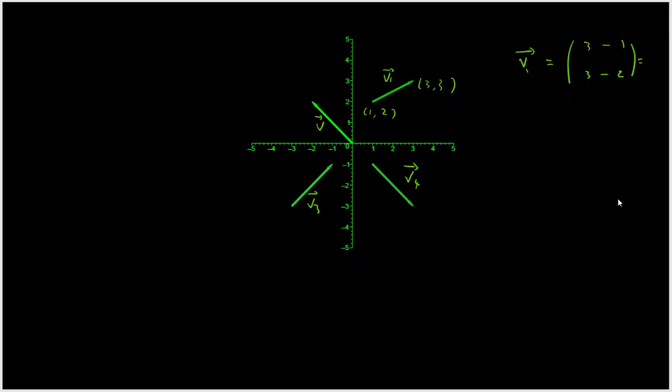We represent V1 in terms of components as 2, 1. First component is 2, second component is 1.